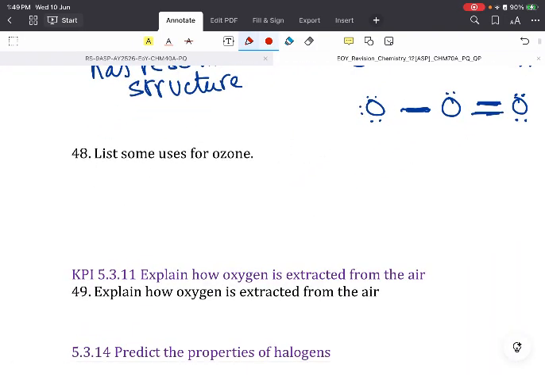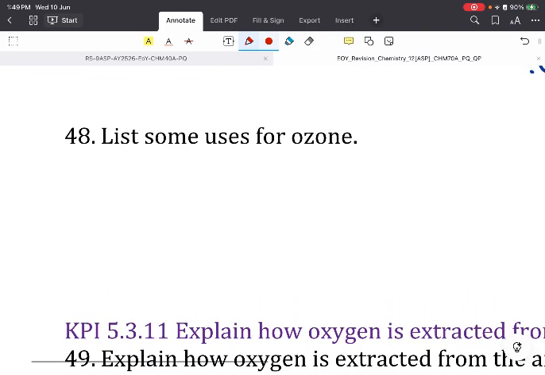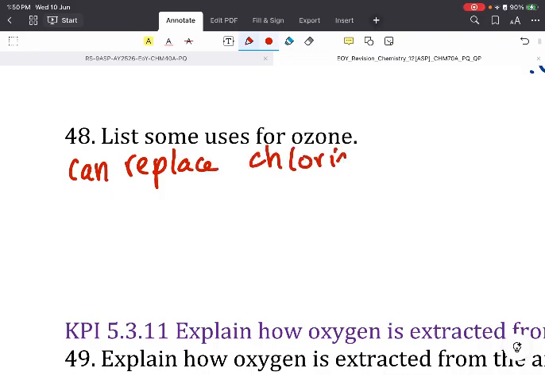List some uses of ozone. What can it be used for? Some uses: it's a good replacement, it can replace chlorine.